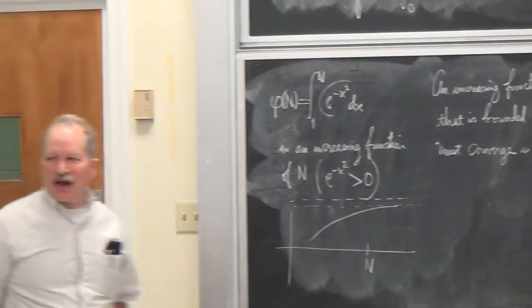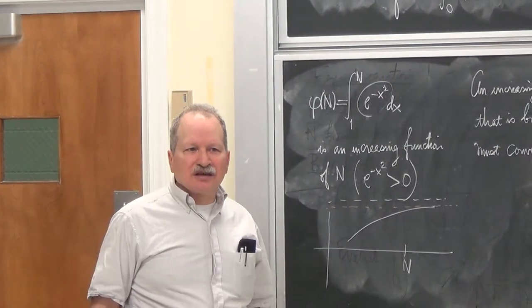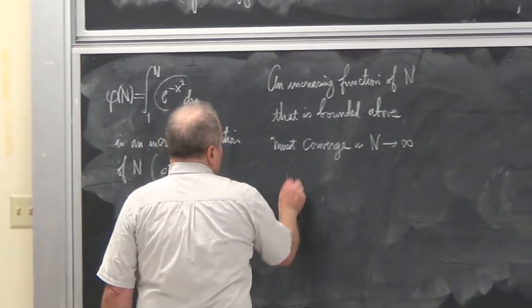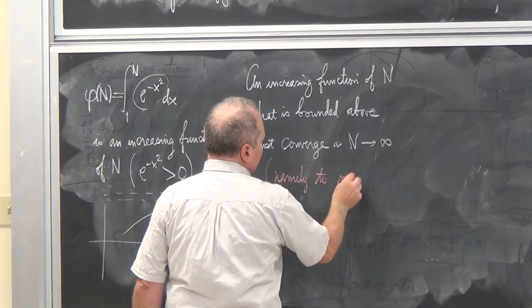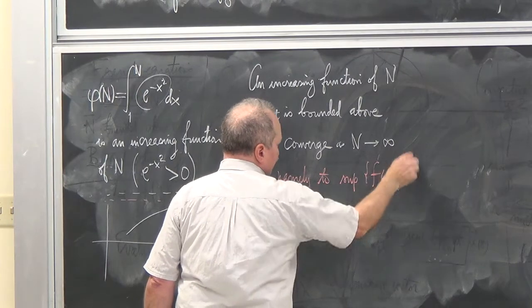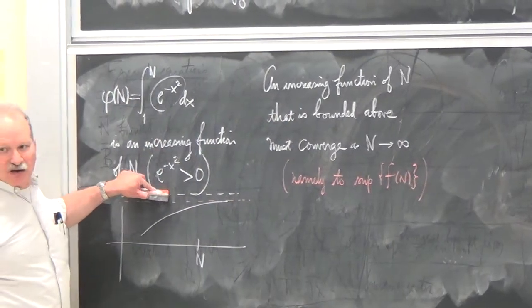What's the technical way to say this so that you know it's true? What's the something to which it converges? It's the sup of the values, the least upper bound. How do you know there is a least upper bound? Well, the set of values is bounded above.